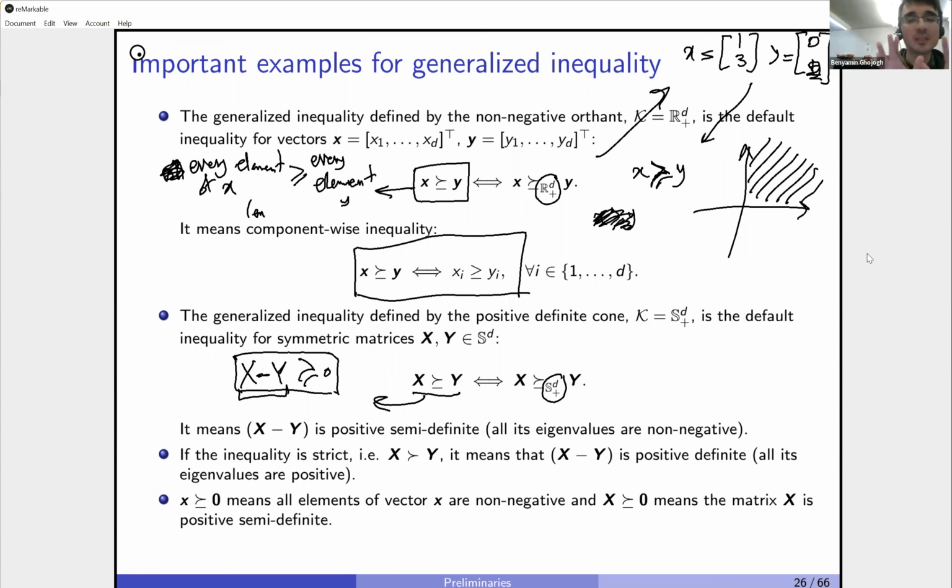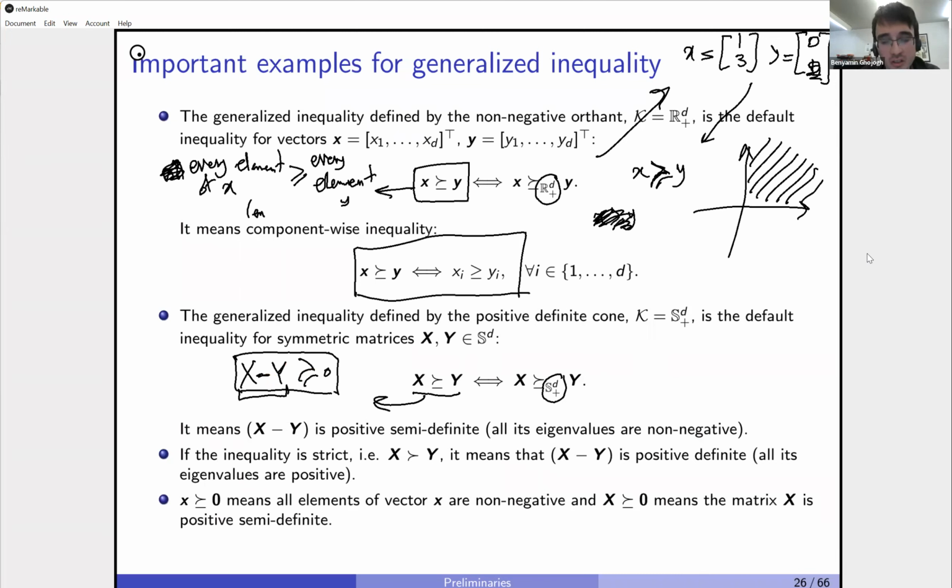If you don't know what positive semi-definite means, don't worry about it. These are just introductions. I want you to understand these concepts. Otherwise, I won't bring these in the exam. So don't worry about that. I just want you to learn and have fun understanding what these mean. Positive semi-definite means that the eigenvalues of X minus Y are non-negative. They are either 0 or positive.